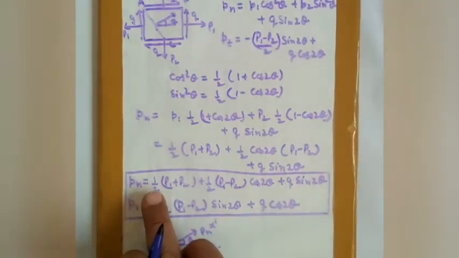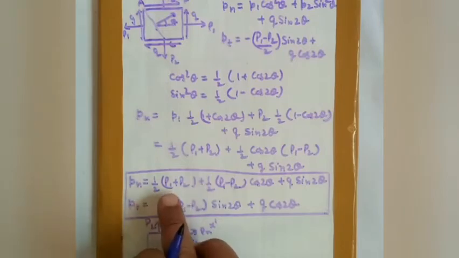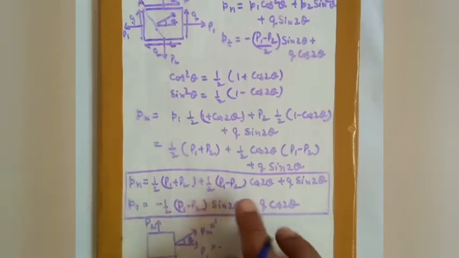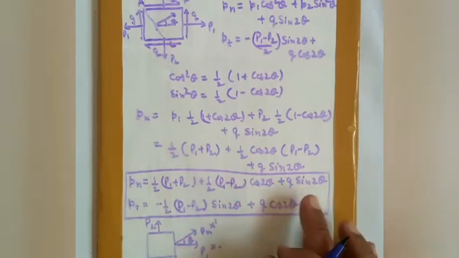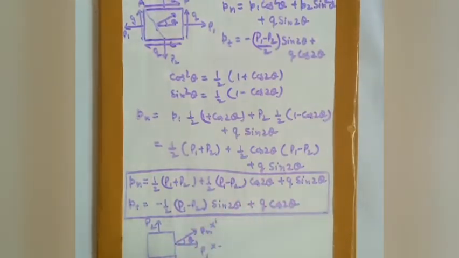So this formula Pn is equal to 1 by 2 (P1 plus P2) plus 1 by 2 (P1 minus P2) cos 2 theta plus Q sin 2 theta transforms the normal stress from x-axis to x1 axis. We can take any value of theta and transform the stress along the corresponding axis.